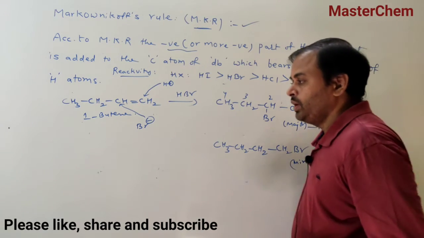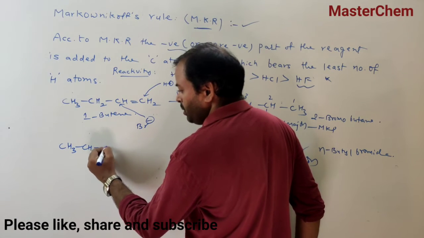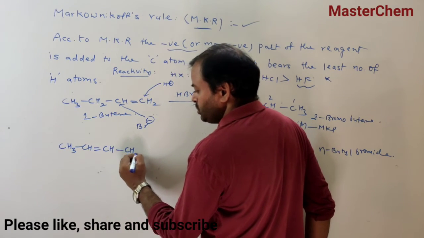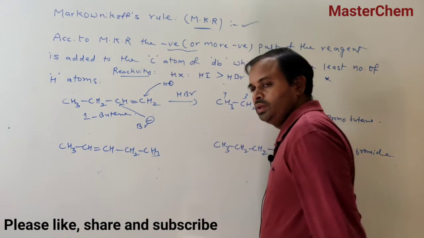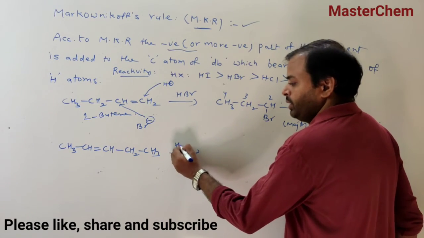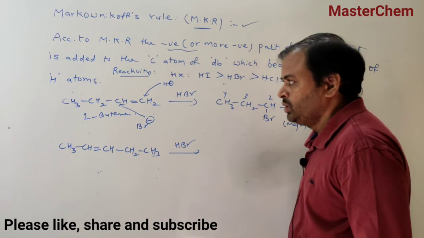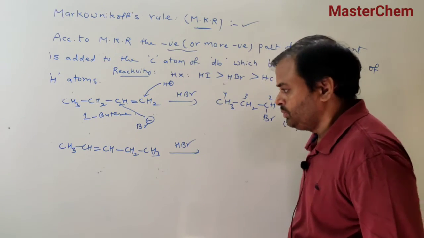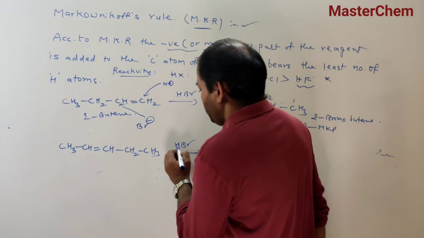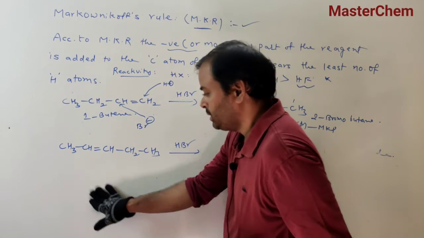Now I will give one interesting example: CH3, CH double bond CH, CH2, CH3. Now tell me the major product by the addition of HBr. How can you predict the major product?